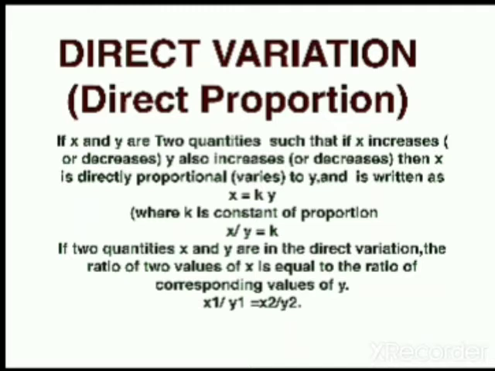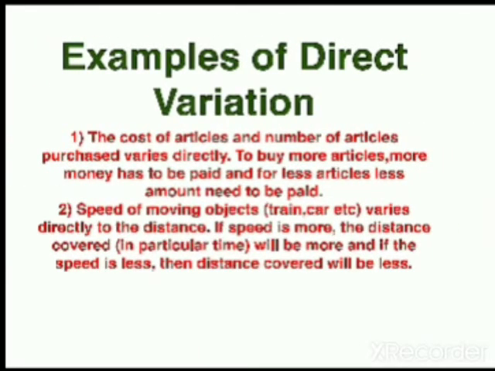If two quantities x and y are in direct variation, the ratio of two values of x is equal to the ratio of the two corresponding values of y. Therefore, for direct variation, you have to use the formula x1/y1 = x2/y2. Examples of direct variation: first, the cost of articles and the number of articles purchased vary directly.